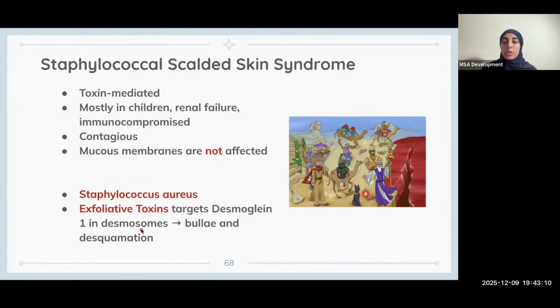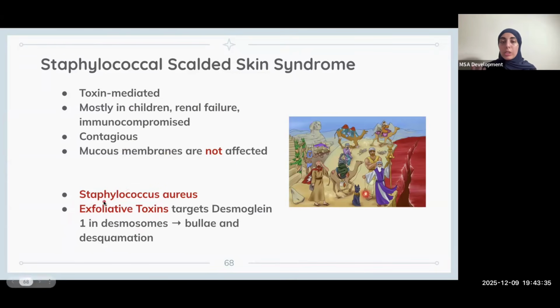So when it targets the desmosomes, it's gonna damage the epidermis, the keratinocytes separate, and you can have bulla and desquamation. They can just rupture and the skin will slough off, okay? And again, Staph scalded skin syndrome is caused by Staph aureus due to the exfoliative toxin. And this is a toxin-mediated infection or syndrome.